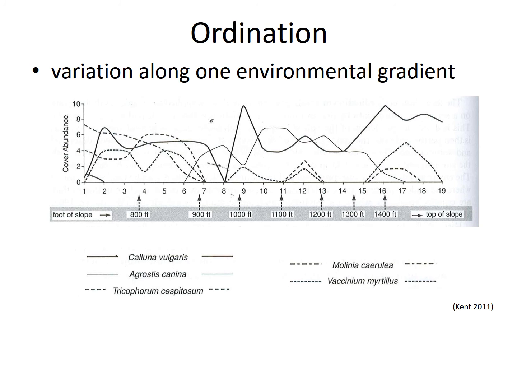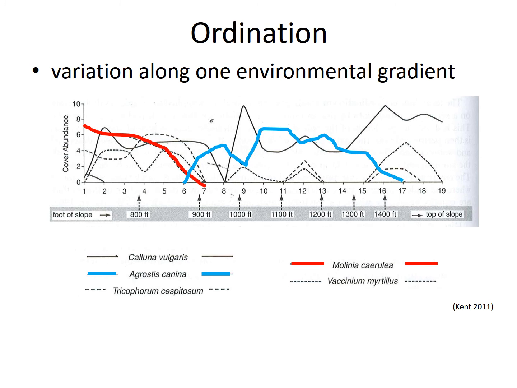Now, the example I give here is a classic one from a European plant community, and you'll see on the x-axis we go from 1 to 19, and that represents going from the bottom of a slope to the top of a slope. You see, for example, Molinia, here in red, declines in its cover and abundance with increasing altitude. So it's a species that's limited to the foothills.